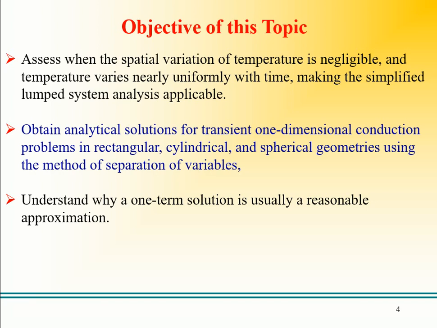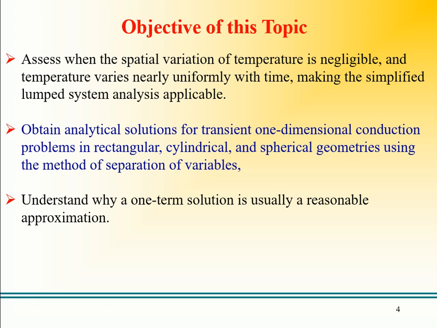So when the spatial variation of temperature is not very significant, and it varies almost uniformly with time, then we make a very simple model which is called the lumped capacitance model. Lumped means we are taking the mass or overall system together.